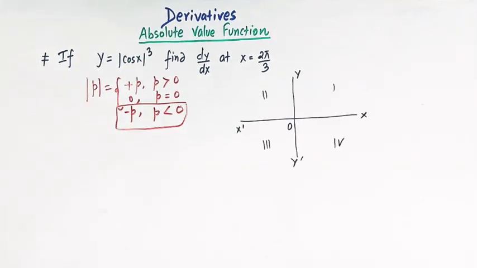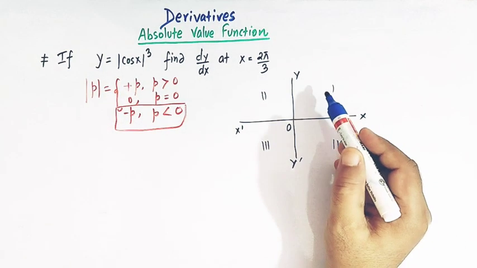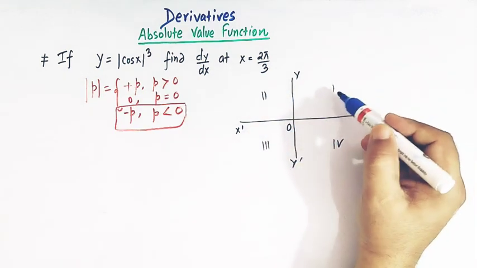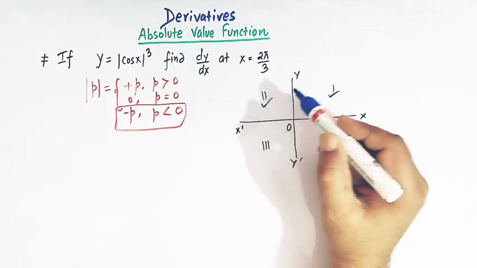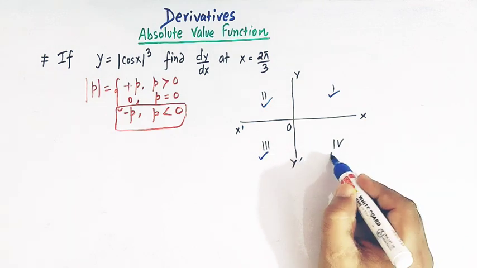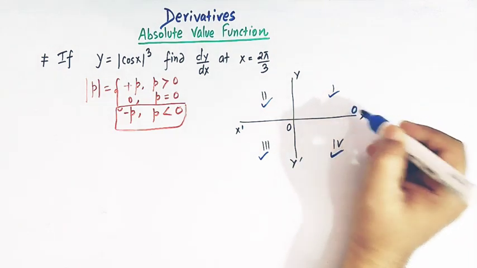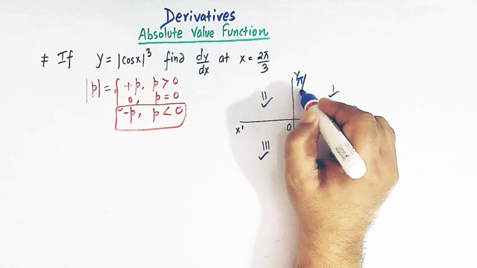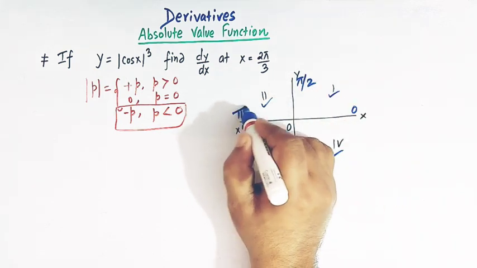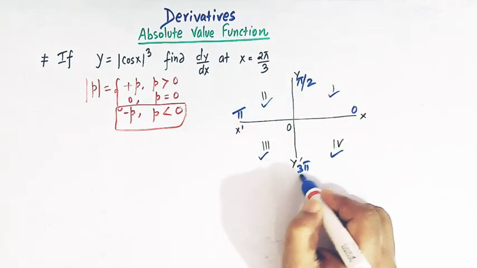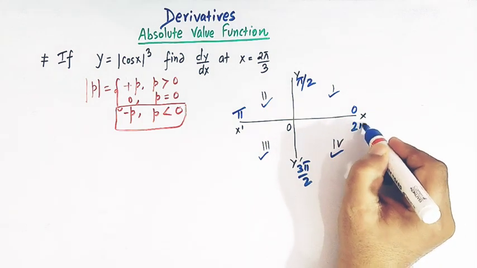So here we have the four quadrants. This is the first quadrant, this is the second one, this is the third one, this is the fourth one. Here we have 0, here we have pi by 2, this is pi, this is 3 pi by 2, and here we have 2 pi.